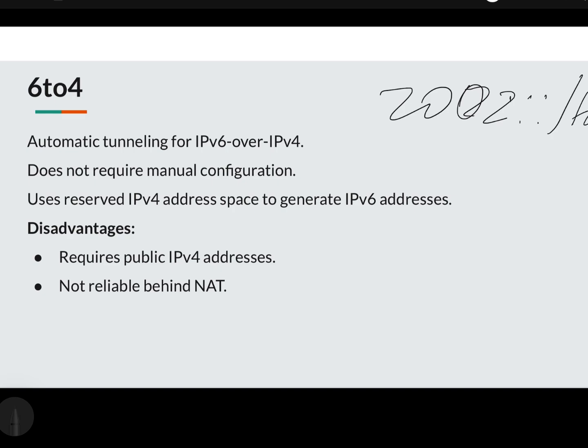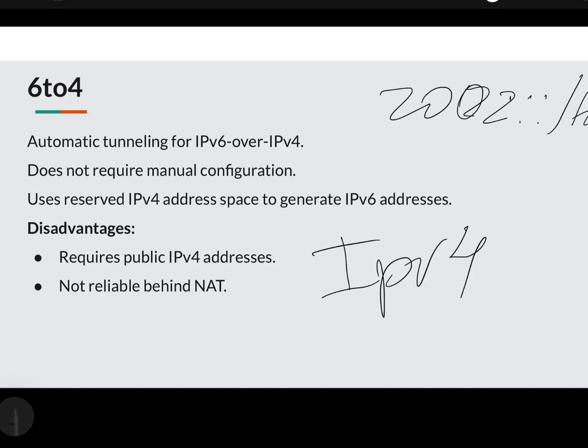So the advantage: no manual setup, it simplifies the process of enabling IPv6 over IPv4, ideal for temporary or experimental IPv6 use. One of the disadvantages is that it requires a public IPv4 address and cannot be used on private networks with NAT.